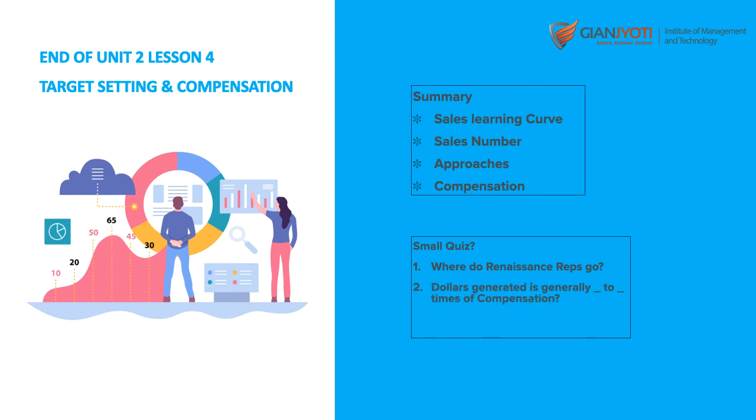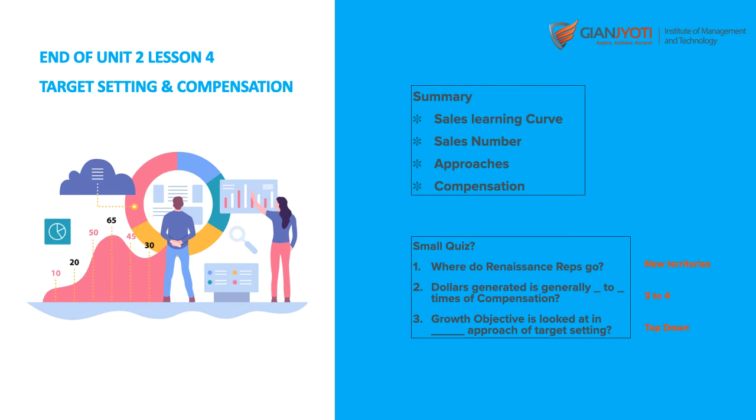Question number two: dollars generated is generally dash to dash times of compensation. How many times of compensation? The growth objective is looked at in which type of approach of target setting, whether it is top down or bottoms up? You can check your answers.